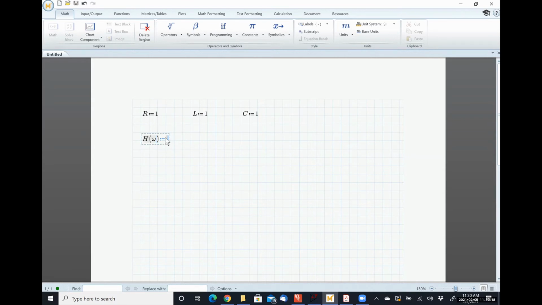So shift equal sign, and now I'm going to put in my transfer function equation: J times omega times R times C, divided by 1 minus omega squared times L times C, plus J times omega times R times C.